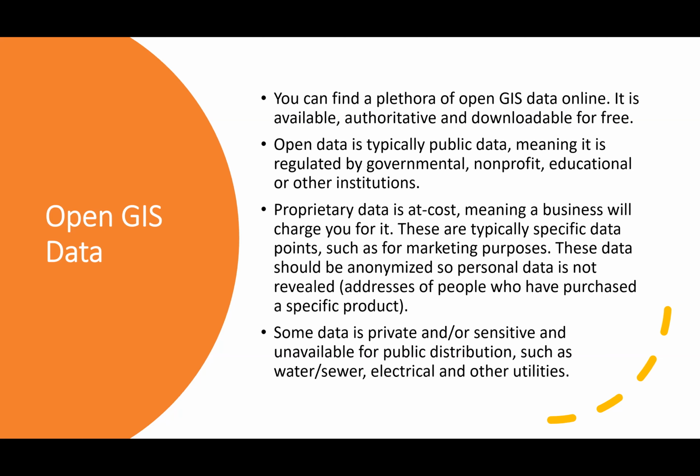Those would typically be private information, mostly for security or safety reasons. We don't want just anybody being able to get to a pipe, knowing where it is, where some of those inlets are, for, unfortunately, nefarious purposes. So you will find that some data is private and is really hard to get.